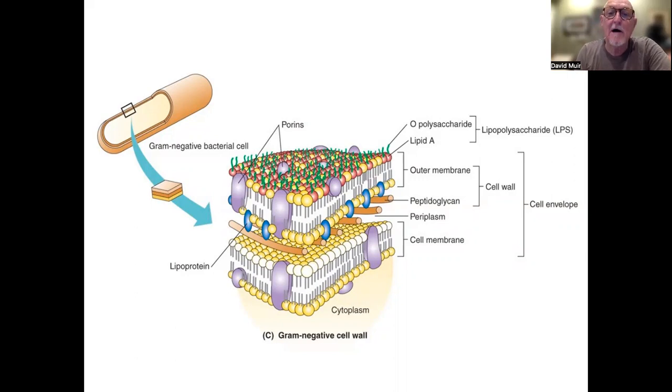And the outer membrane consists of a phospholipid skeleton in this leaflet here, in the outer leaflet. But in that outer leaflet, there are many of these lipopolysaccharides.